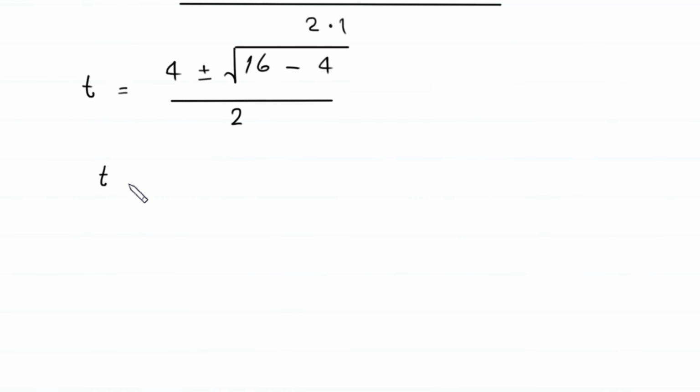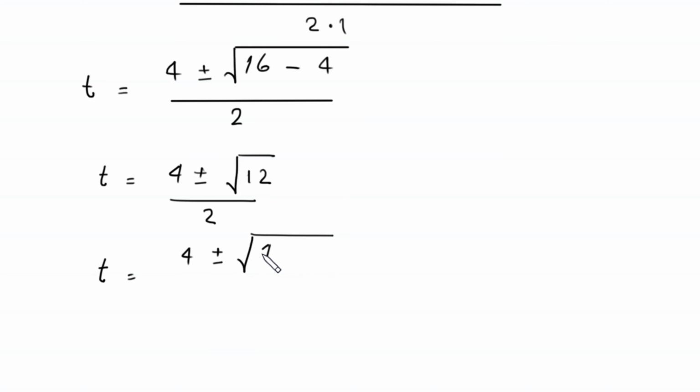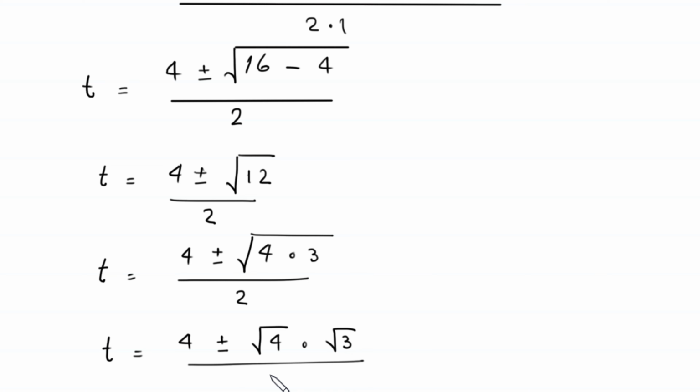Next, t is equal to 4 plus or minus square root of 16 minus 4 will become 12 divided by 2, and root 12 can be written as root 4 times 3, which becomes root 4 times root 3 divided by 2.